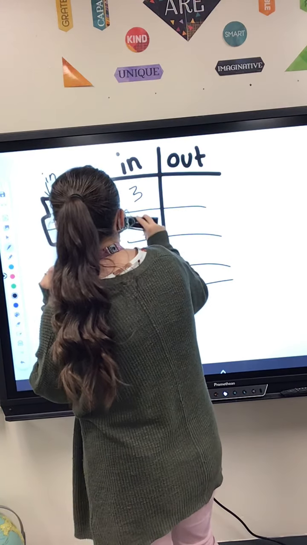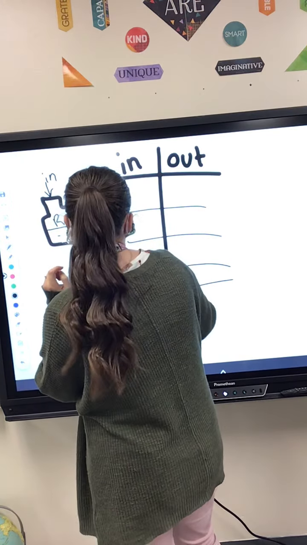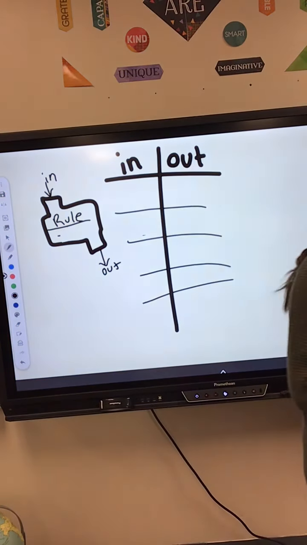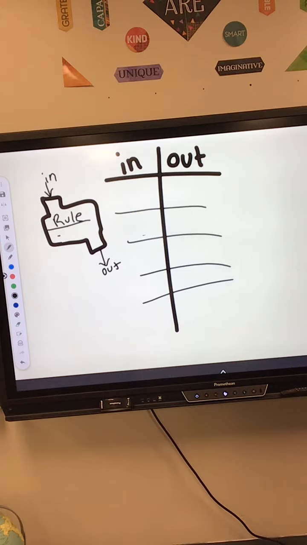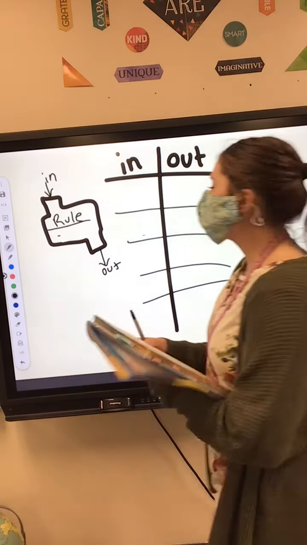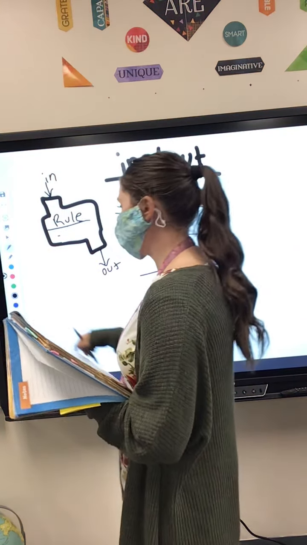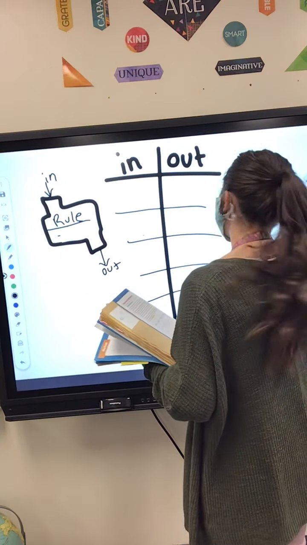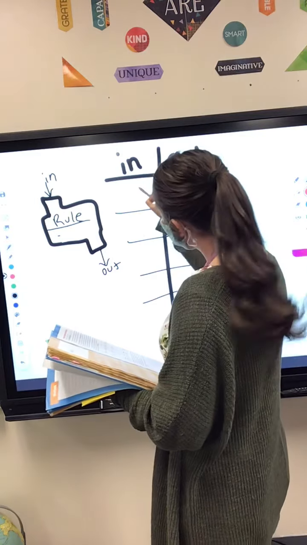You guys are going to have to do these on your own in math boxes, so make sure you're really paying attention. We're going to do a different kind this time. This time, I'm going to fill it out, and your job is to figure out what the rule is. It's kind of another riddle type thing.